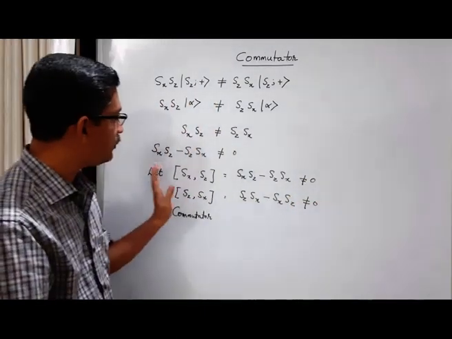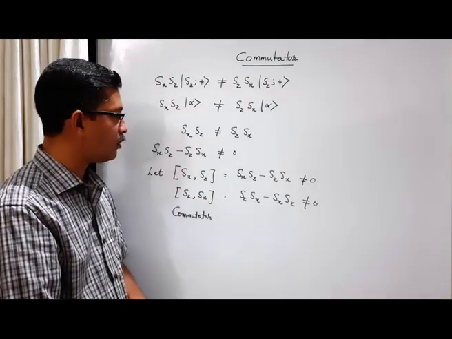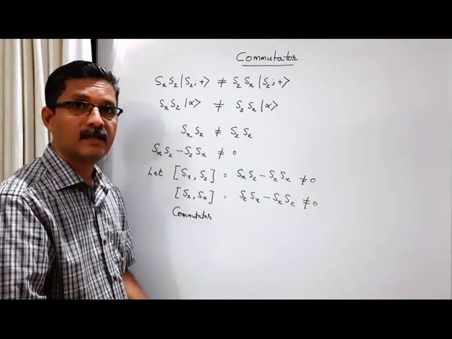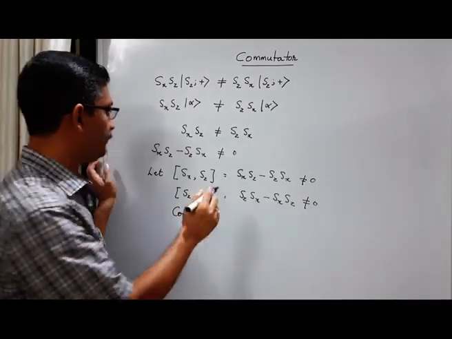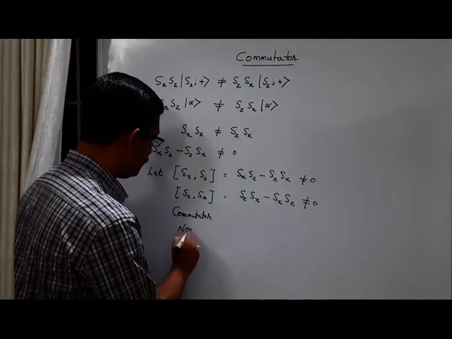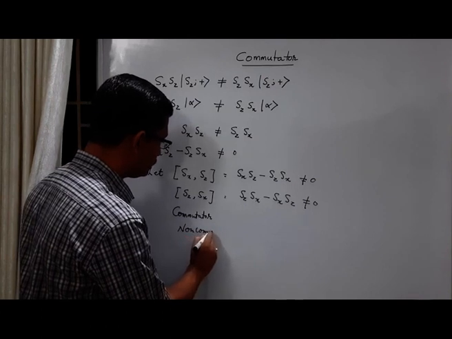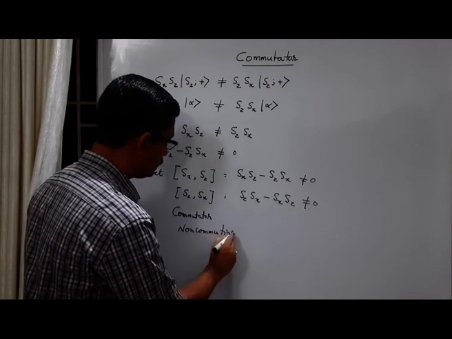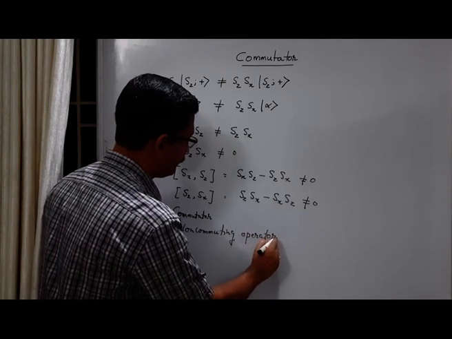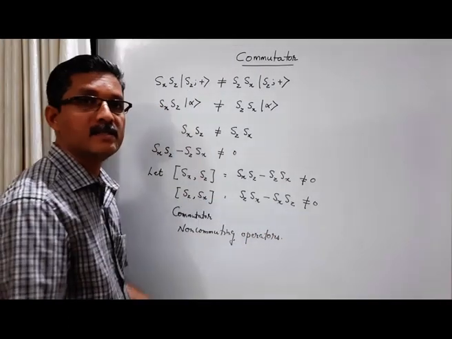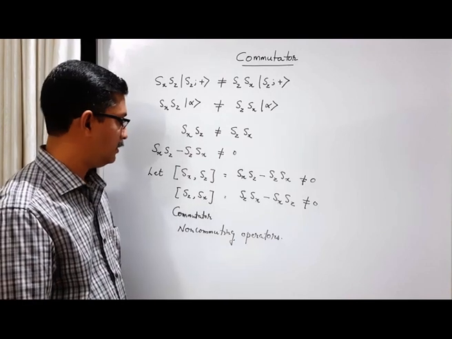So if the commutator between Sx and Sh is not zero, we can say that Sx and Sh are non-commuting operators.